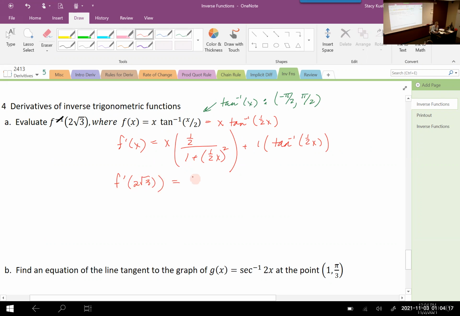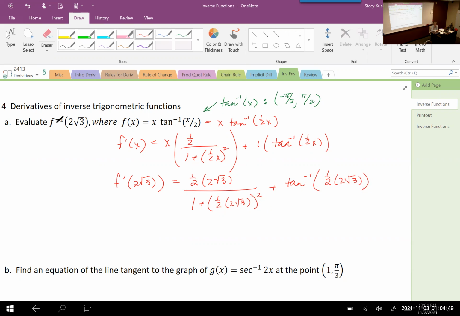So this is going to be 1/2 times 2 square roots of 3 over 1 plus 1/2 times 2 square roots of 3 squared plus the inverse tangent of 1/2 times 2 square roots of 3. To answer this question, all I'm doing is evaluating it, so I'm not really going to spend my time cleaning it up any further. Y'all simplify that, tell me what you get.